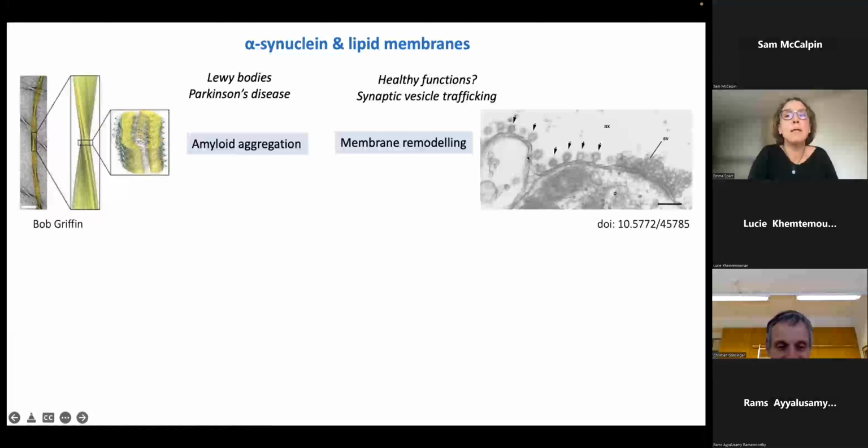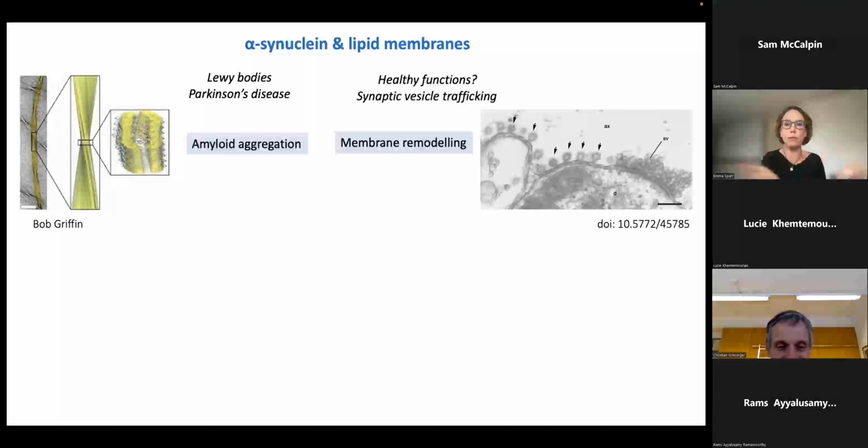Alpha-synuclein is probably mainly studied because it forms aggregates that give plaques in Parkinson's disease, Lewy bodies. But it is also associated with other functions; it's believed to be associated with synaptic vesicle trafficking function.